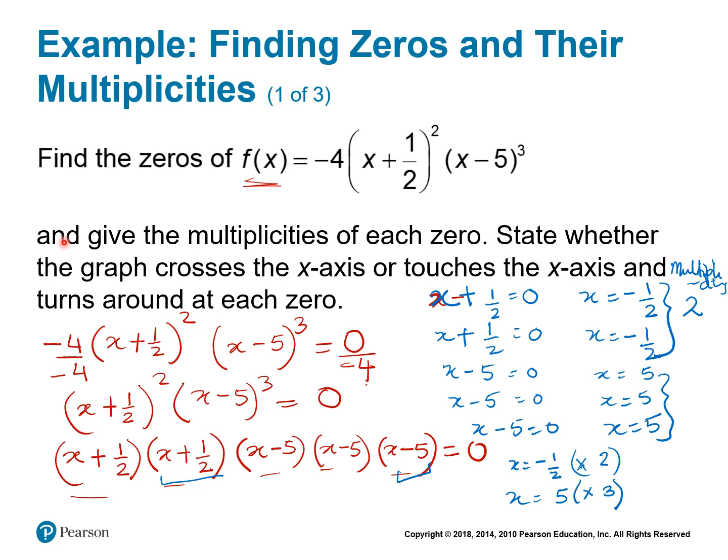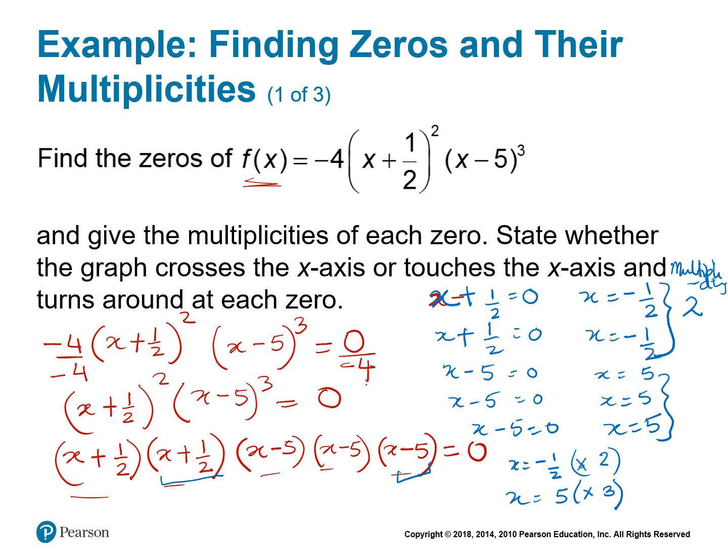Then it says state whether the graph crosses the x-axis or touches the x-axis and turns around at each zero. Previously the rule is, if the multiplicity is an even value, then it will turn around.